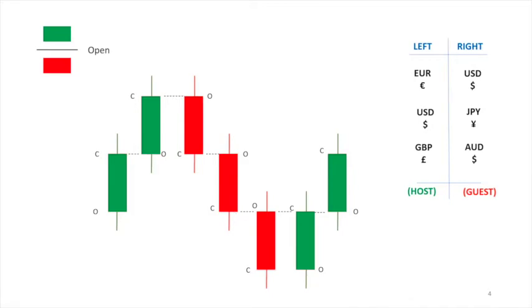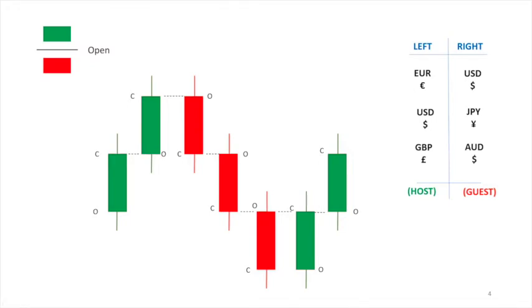Then the price opened where it closed, moved down again and closed below the open, and the candle turned red again. Then the price opened here and moved up, so now the price closed above the open and the candle became green. Same thing, it opens again. So this is how the charting works, and this is how you can see the candlestick formation in your chart.